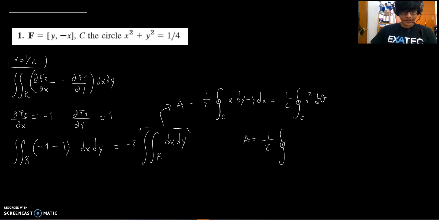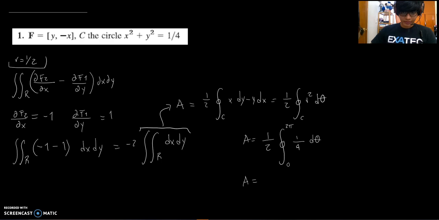But as it is a circle, the angle theta will go from 0 to 2 pi of the region, the radius squared. The radius is 1/2, but squared it is going to be 1/4 of d theta.